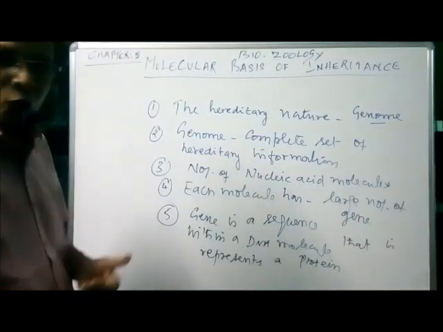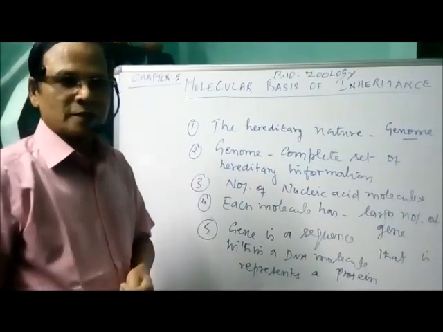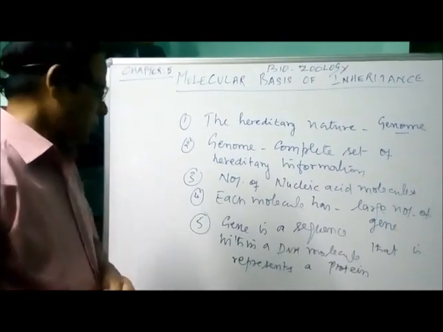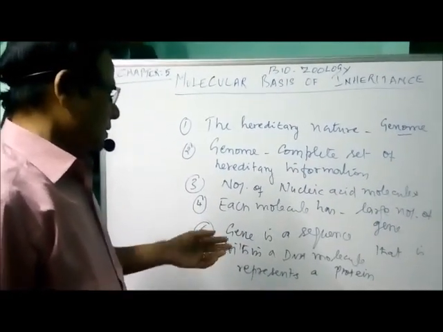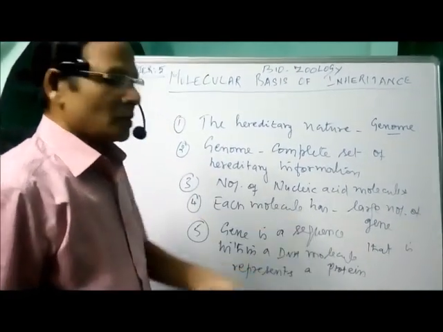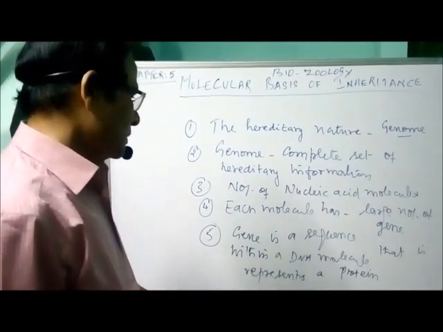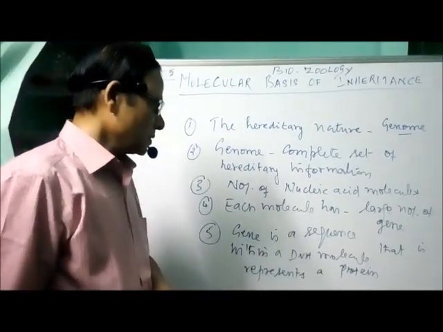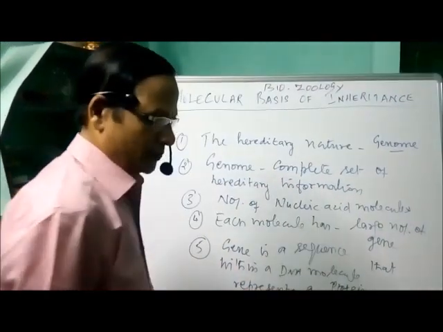That means it has a code for the expression of one protein. We will talk about that later under the transcription process and translation process. A gene is a segment of a DNA molecule that normally represents a protein.